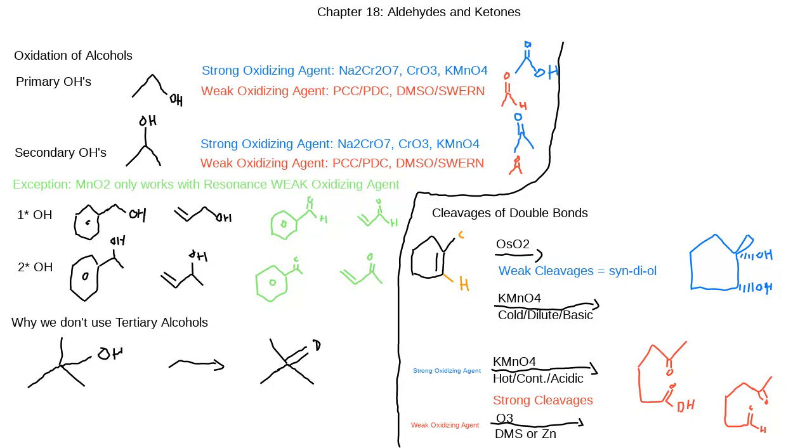It looks like you might not even do chapter 19, which is amines. I just realized. So you'll actually head into enols and enolates, which is chapter 22. So they're kind of going back and forth a little bit, which is fine.